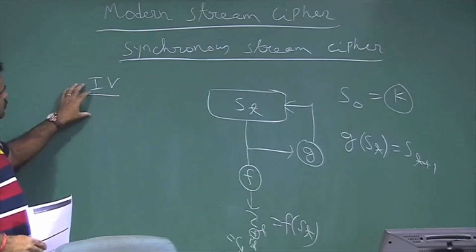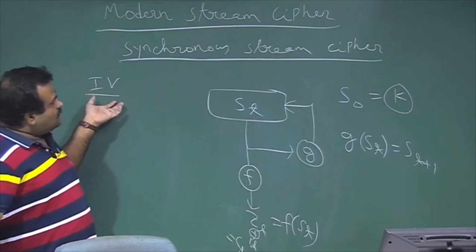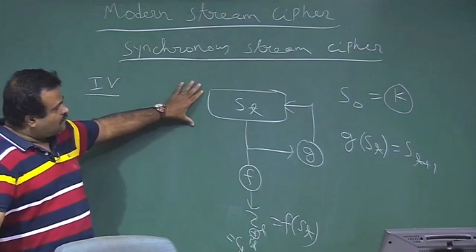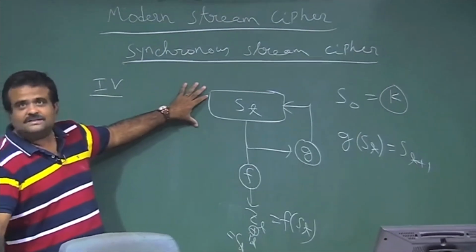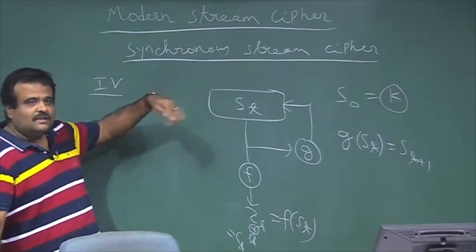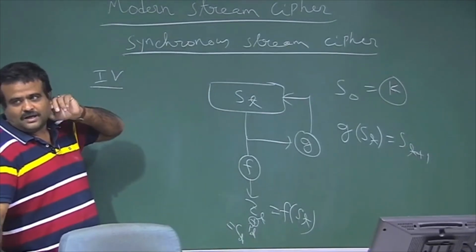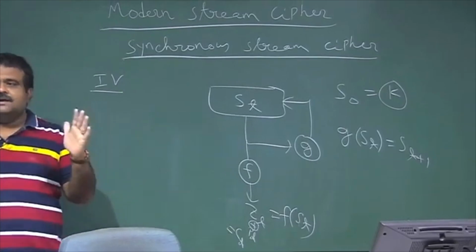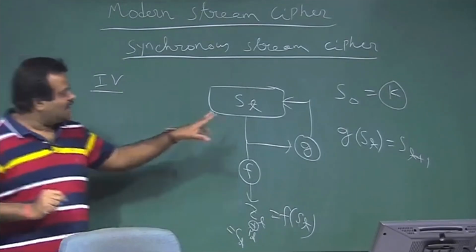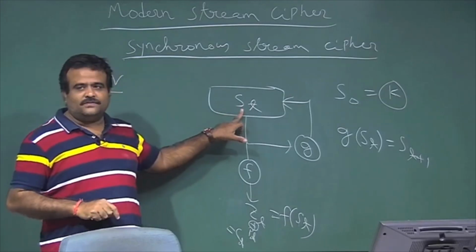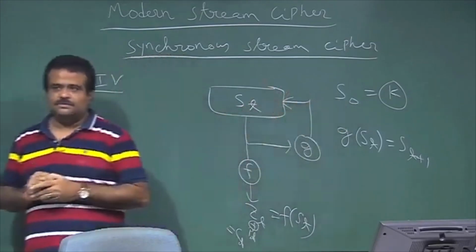We take the initialization vector and put it as a part of the key, with the secret key. We use this to initialize the state, and then we run the key stream for some clocking, and finally we get the initial state of the LFSR. Is this clear? Earlier, the initial state of the LFSR was directly the secret key shared between Alice and Bob.